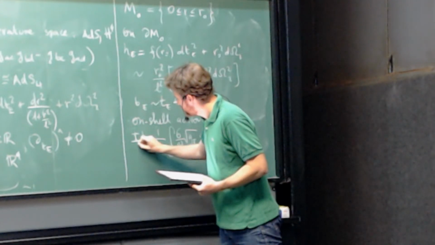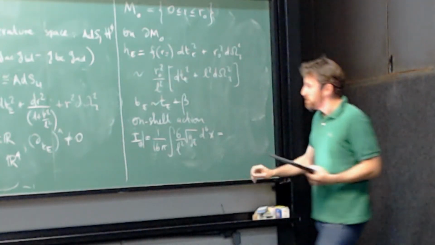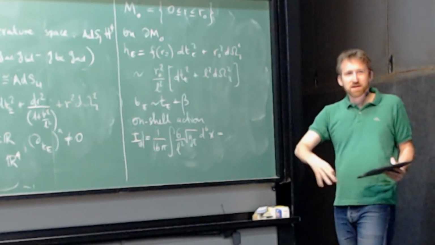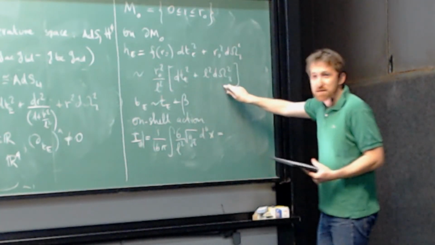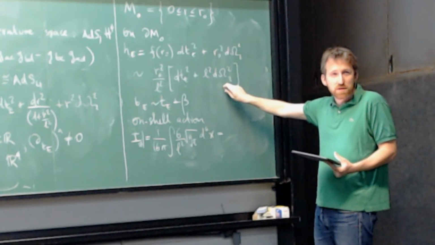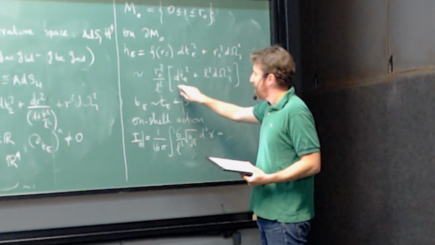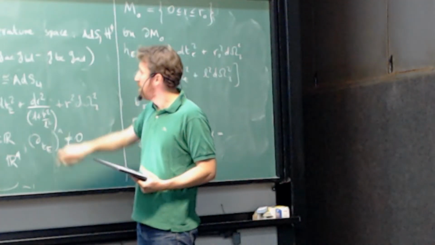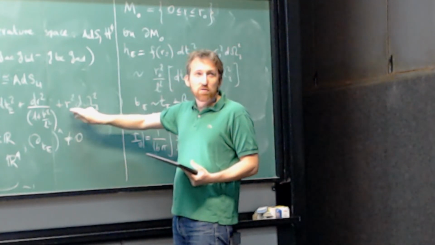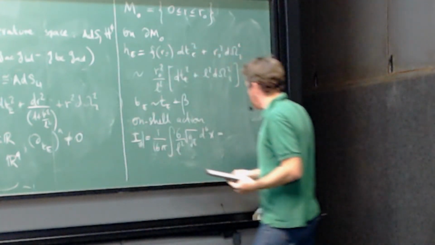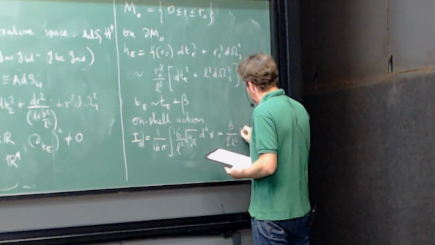This is the bulk contribution, the Einstein-Hilbert contribution. This you compute, it's just an integral. You do the integral over TE, you'll get beta. You need the integral over S2, you'll get the volume of the S2. And then you'll need to do the integral over the coordinate R, and this cancels out. So you just need to take the integral of this R squared, which gives you an R cubed. So it's beta divided by 2L squared, R0 cubed.